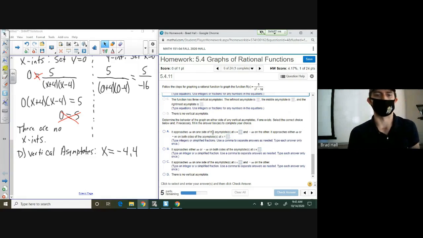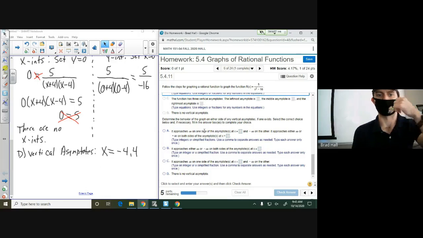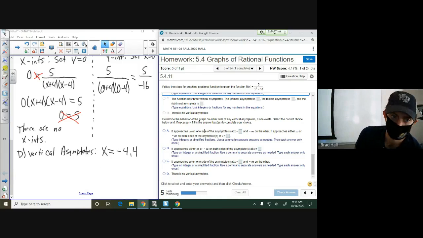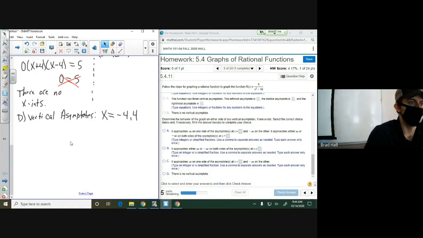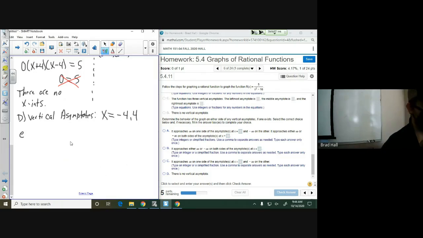And now, something we will have to address is determining the behavior on either side of the asymptotes. So this is the behavior around asymptotes.